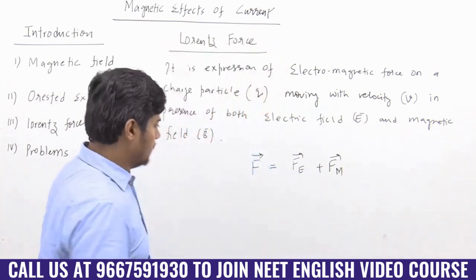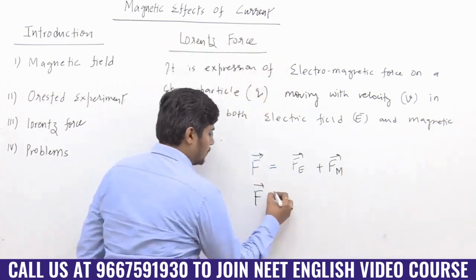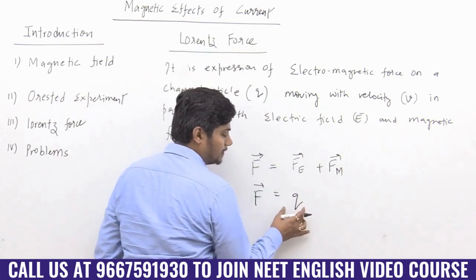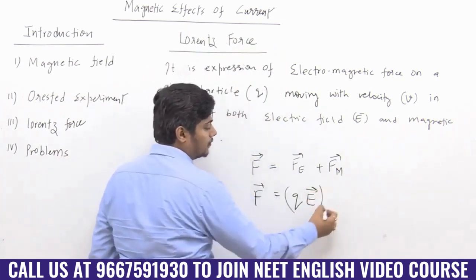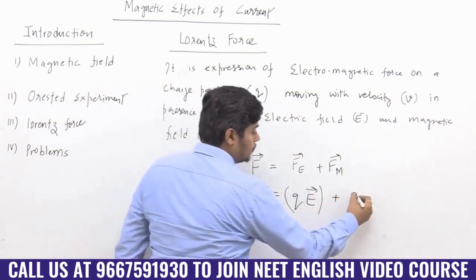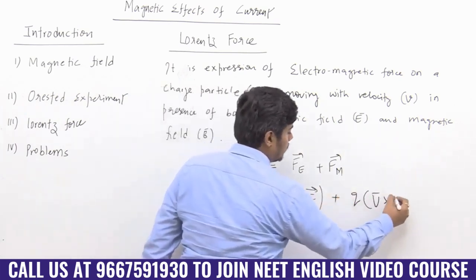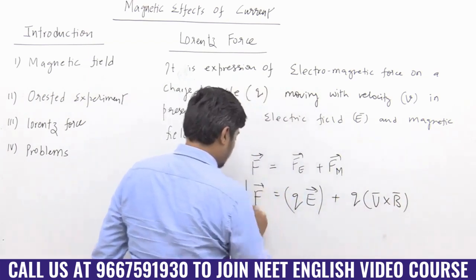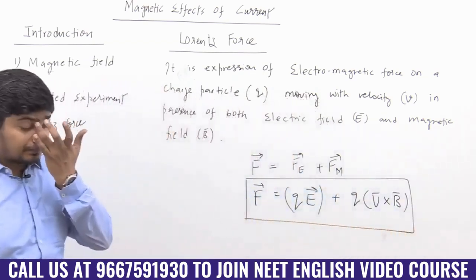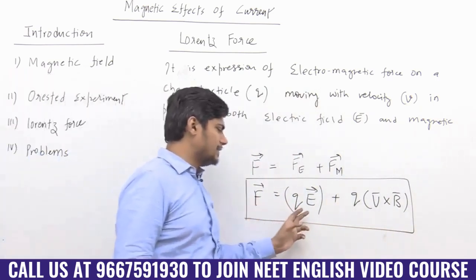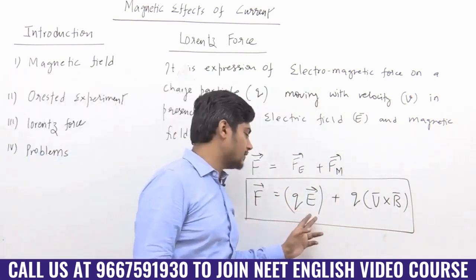Very simple. So the Lorentz force was electrostatic force, as you already know. This is Q and this is E, QE. This is electrostatic force plus Q V cross B. This was the component of magnetic force. So we have already seen much discussion about the electrostatic force.